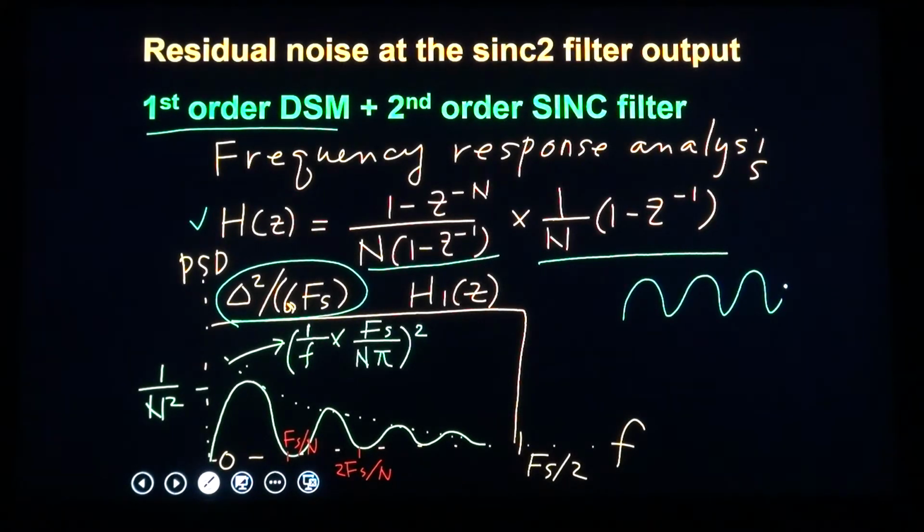This is from the comb filter output, at 0, Fs over n, 2 Fs over n, something like that. So what is this magnitude? Now, if I square, this is 1 over n squared, right? n squared over 4.